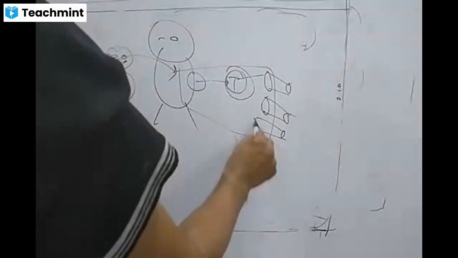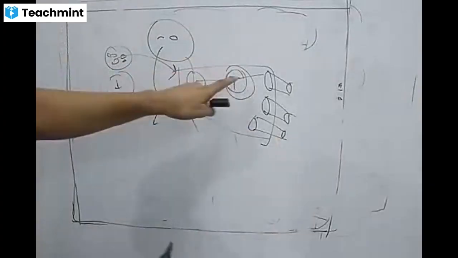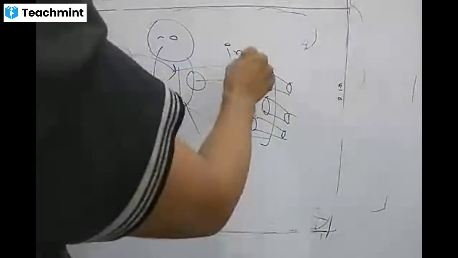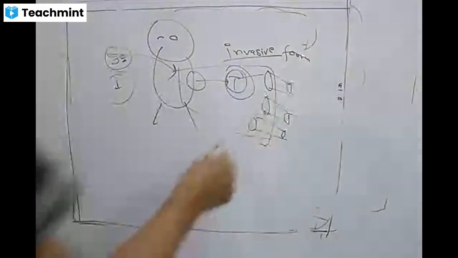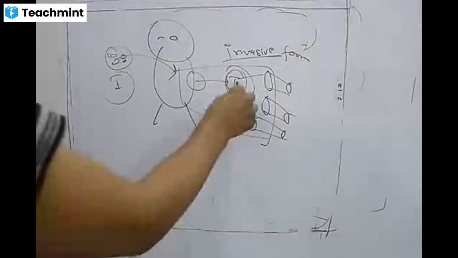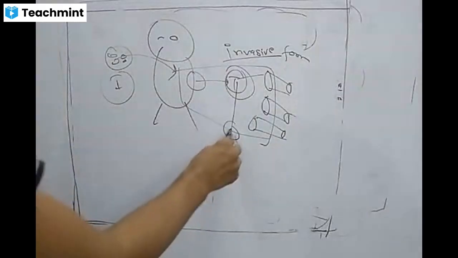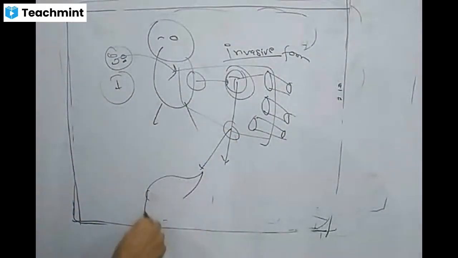So this is the pathogenic form, and this is also known as the invasive form. Why invasive form? Because it invades the wall, comes out, and enters into your liver.